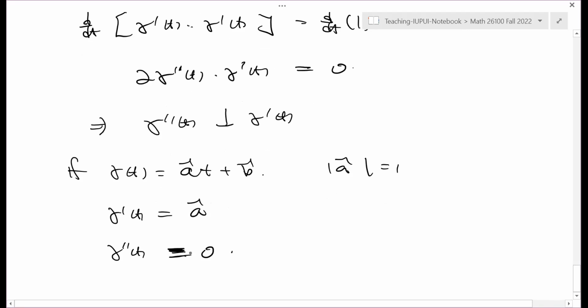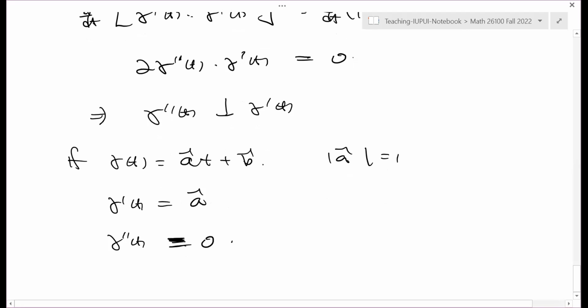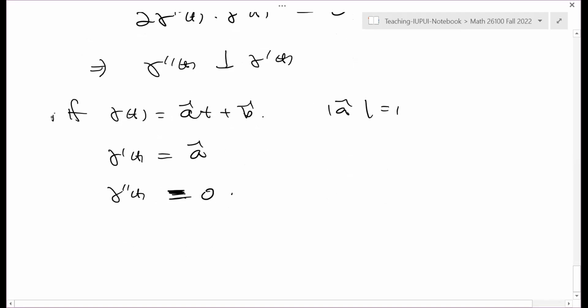So that means the curve is not bending in any direction. It's flat, it's a straight line. So the length of the second derivative should be considered as the curvature of the curve in some sense. That's the first example.